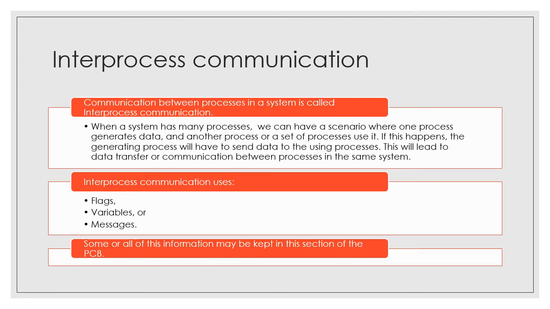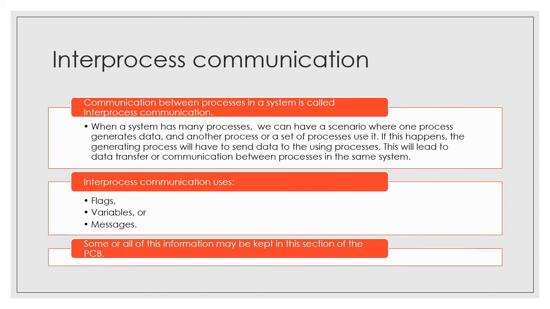Inter-process communication. Communication between processes in a system is called inter-process communication. When a system has many processes, we can have a scenario where one process generates data and another process or a set of processes use it. If this happens, the generating process will have to send data to the using processes.